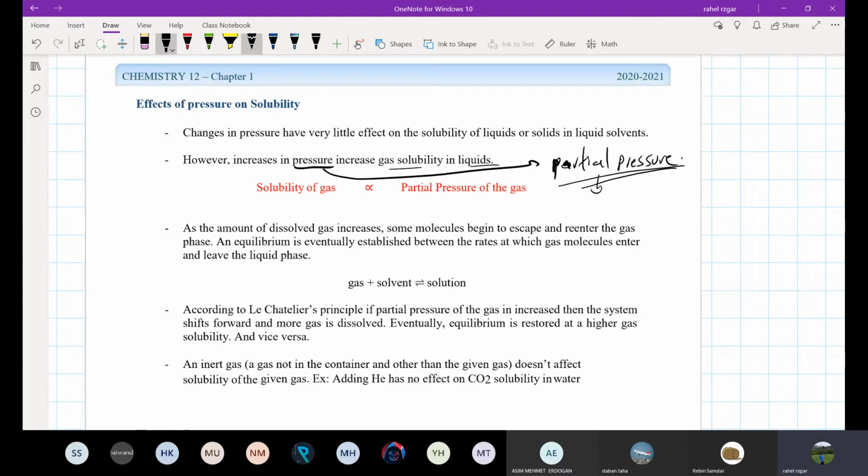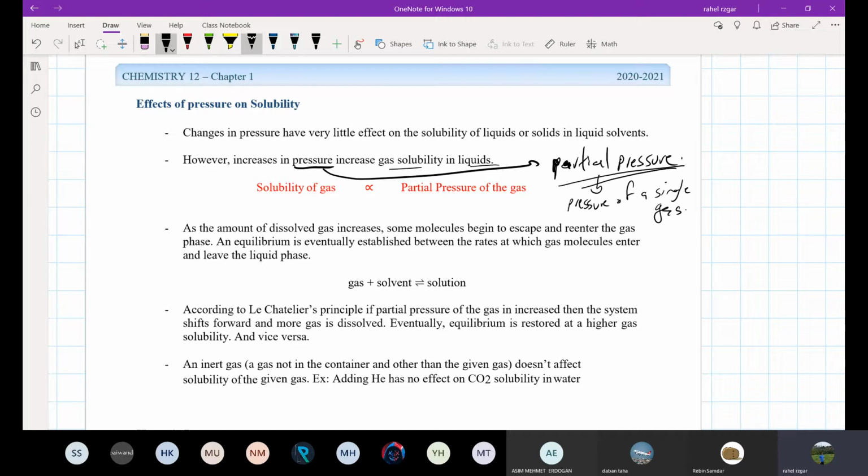Partial pressure is the pressure of a single gas, of an individual gas, for only one gas, the gas itself. Because we have total pressure, which is the pressure of the different gases all together. For example, the air that we live in is a total pressure between nitrogen, oxygen, hydrogen, CO2, and all of them.